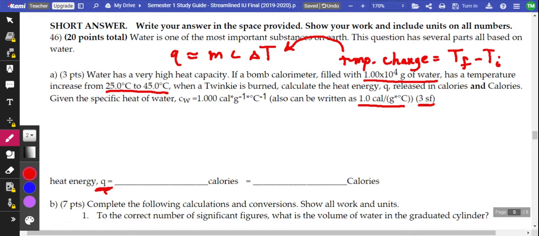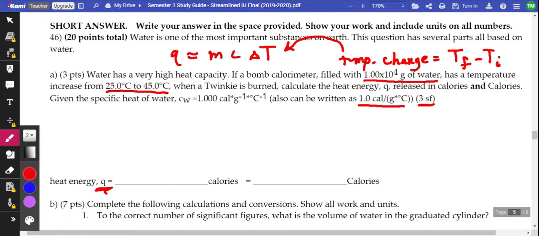In this case, our temperature is going up, so we're going to get a positive temperature change. Our mass has to be positive, our specific heat capacity has to be positive, so our Q is going to be positive also. That means we are taking heat into the water, we're absorbing energy. A positive Q value means it's absorbing.